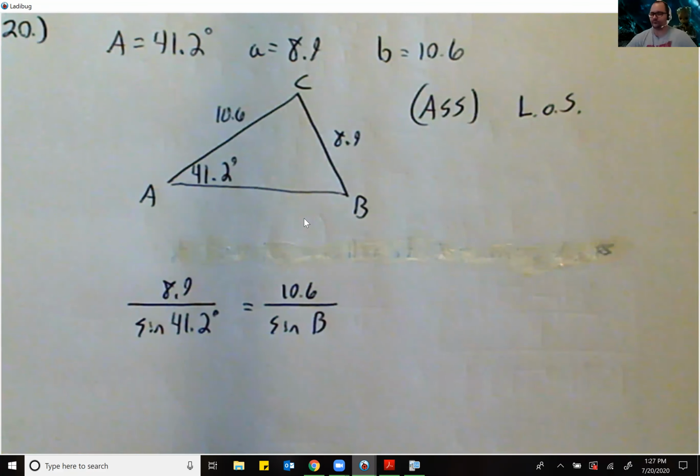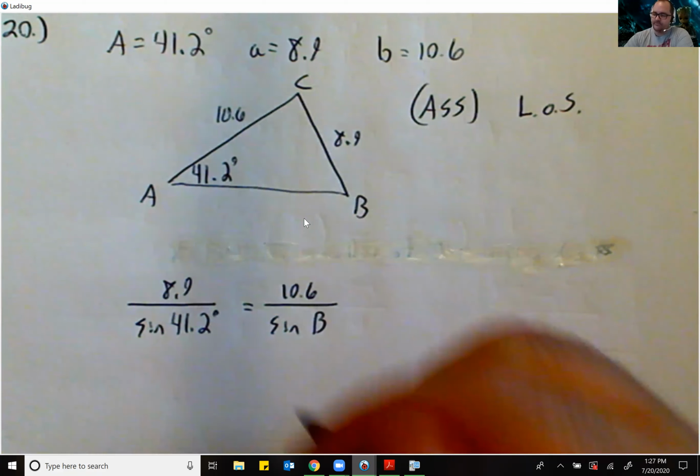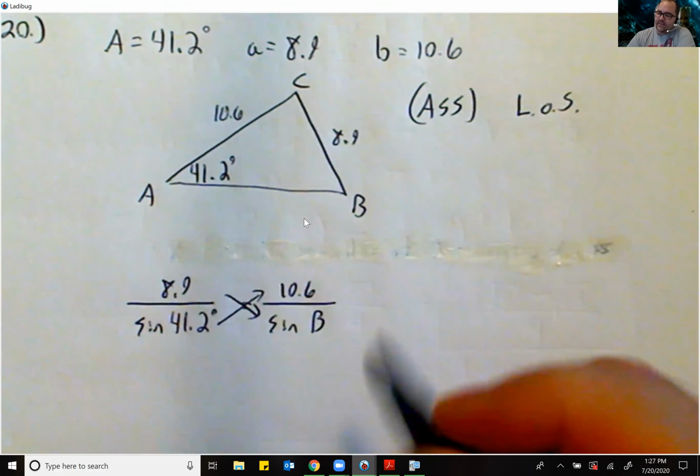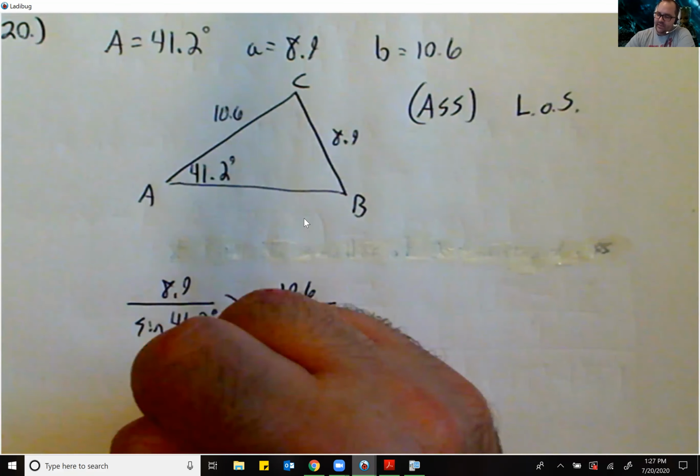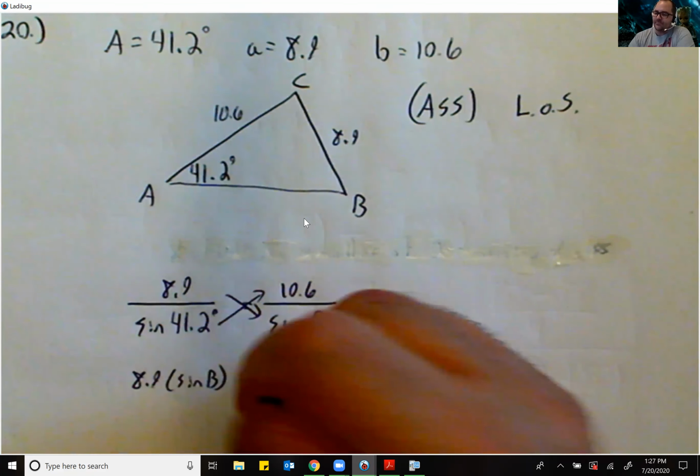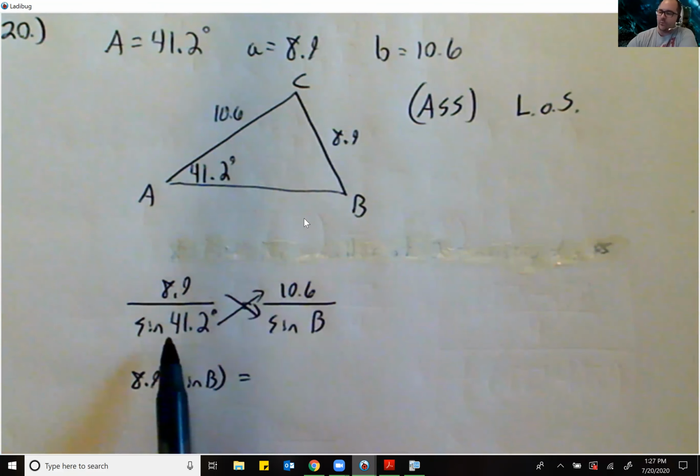So from here, cross multiply. So 8.9 times sine B gives me 8.9 sine B, equal to 10.6 times sine 41.2.